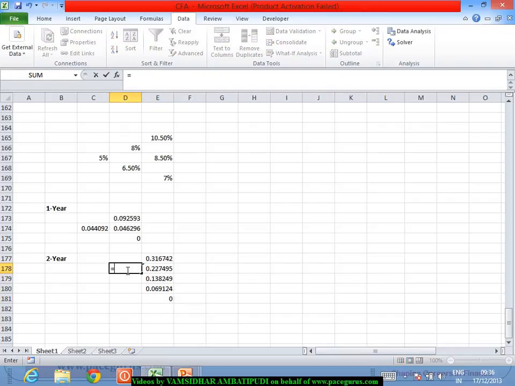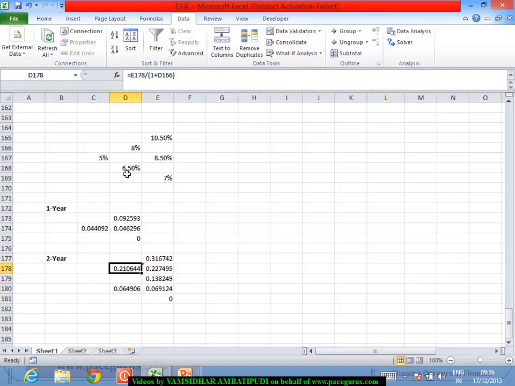I can discount this at the end of 1 year to 1 year period by discounting it by the interest rate of 1 year. So bringing 0.22 to 0.21. Similarly, the same logic, 0.06, I will discount it by 6.5%, working out to 0.064.